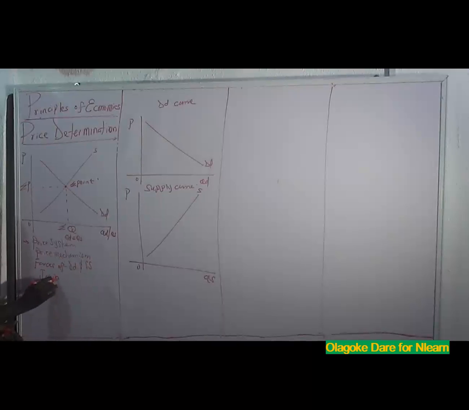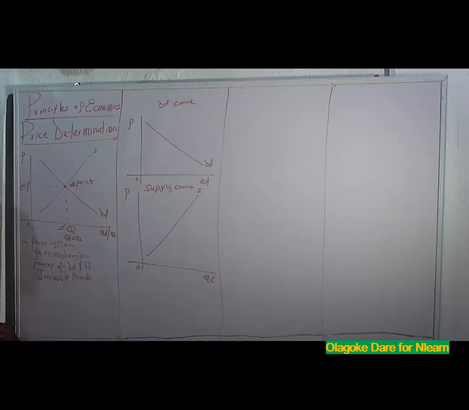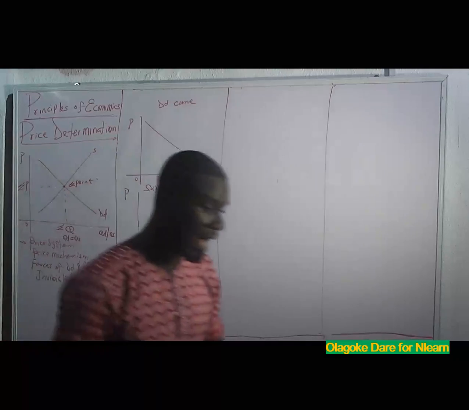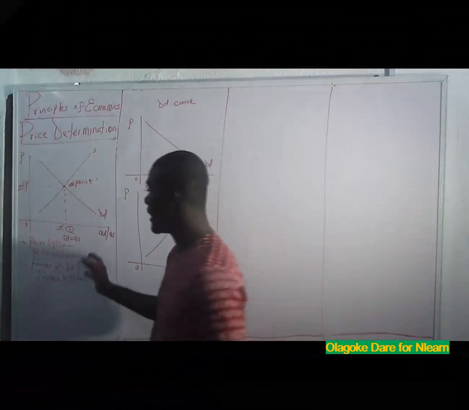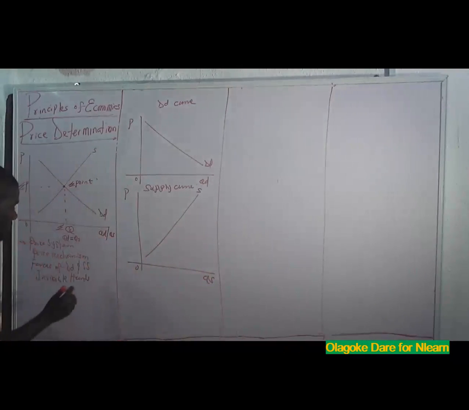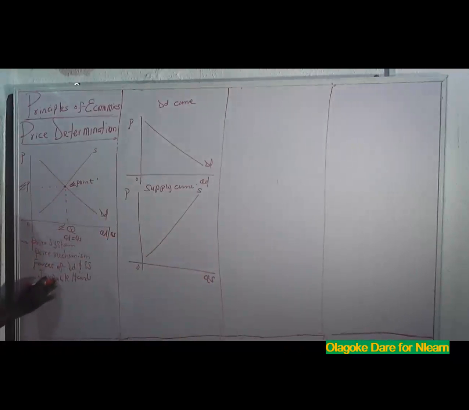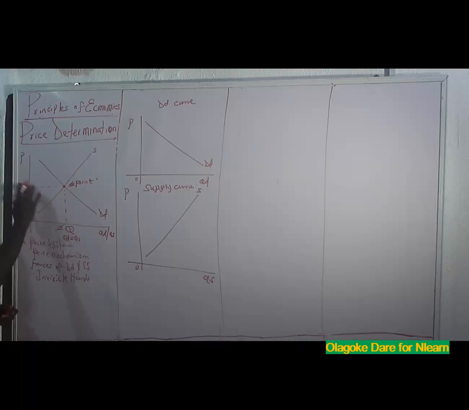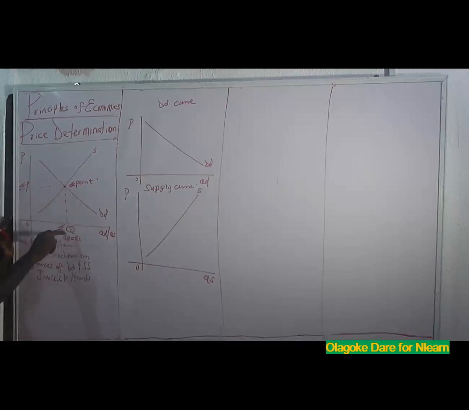The invisible hand was given to us by Adam Smith. So these are other names for these curves. At the end, we use it to get equilibrium points: we get our equilibrium price and equilibrium quantity.